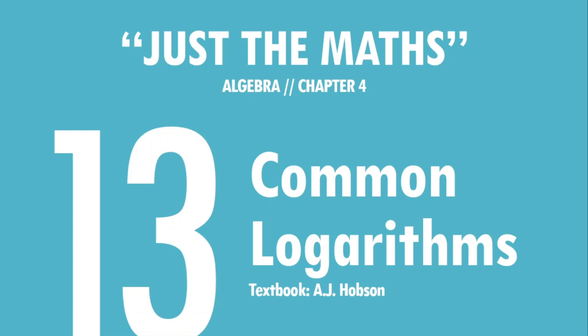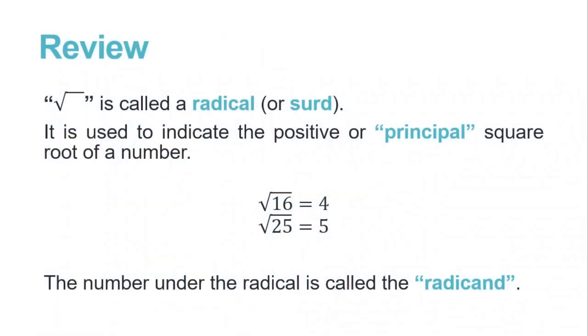a usual thing we do in our lessons is a review of the last lesson. So, a quick review. We have here the radical sign, which is most commonly called radical.